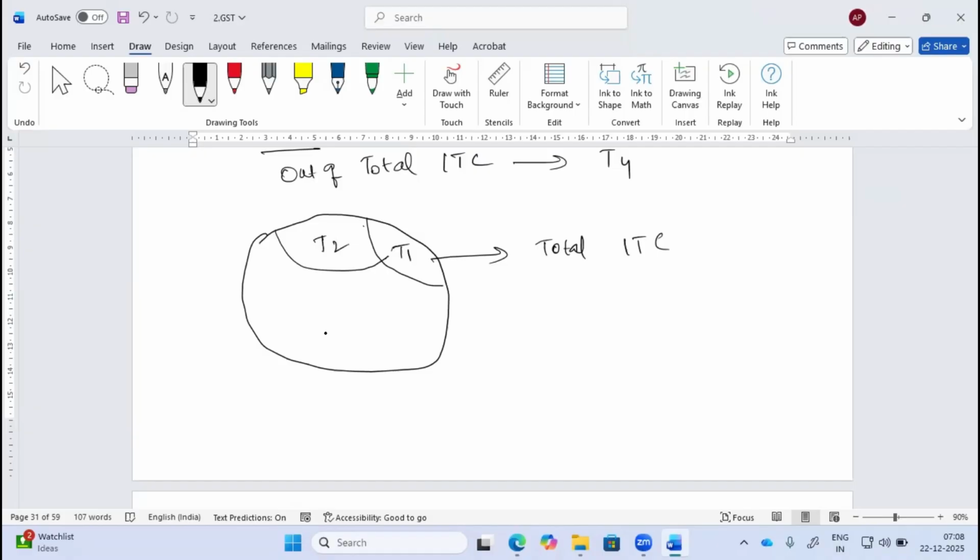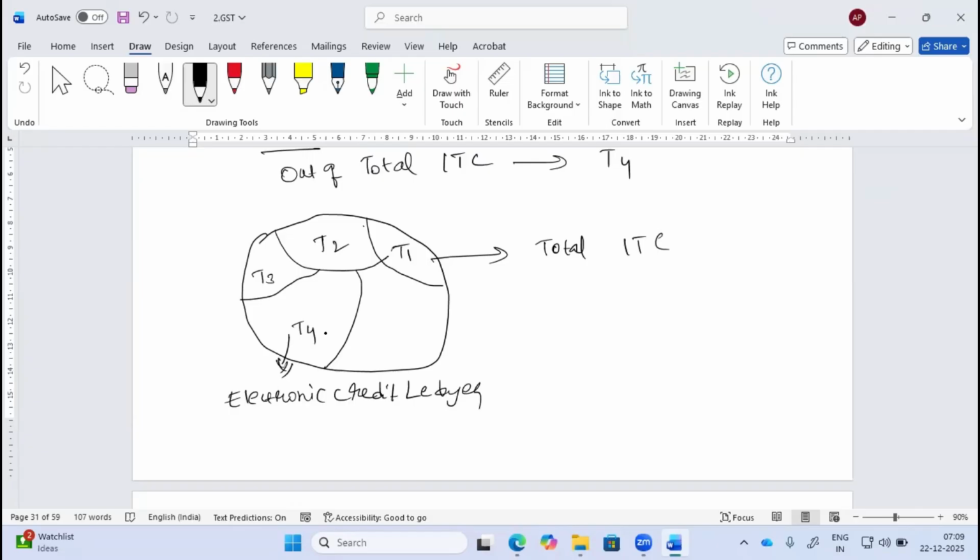There is some portion which is defined as a block credit, T3, even that is not eligible. Now there is some specific credit which I'm eligible. They're saying that go ahead and claim this in electronic credit ledger. Claim this input tax credit T4 in your electronic credit ledger.